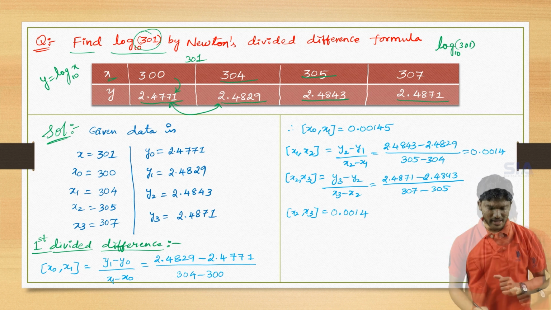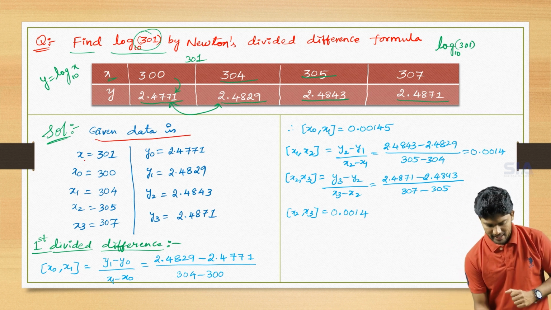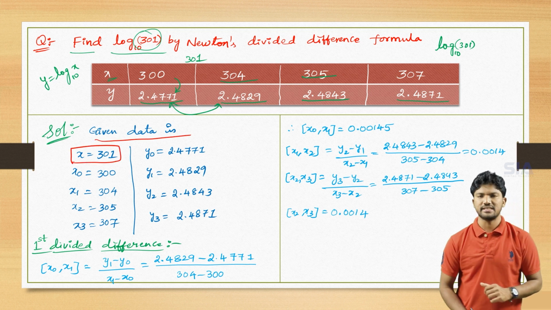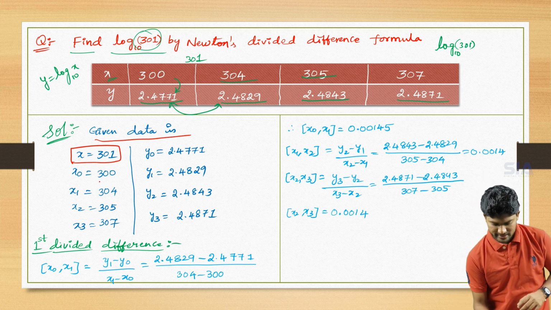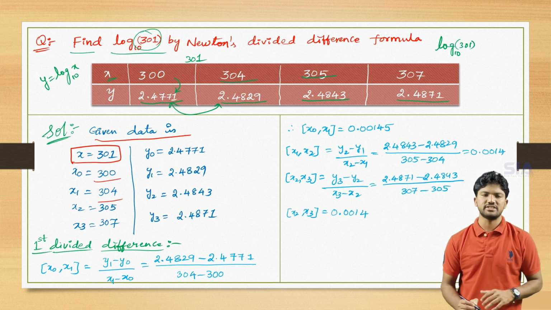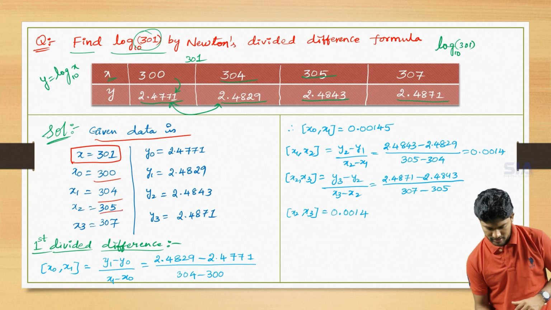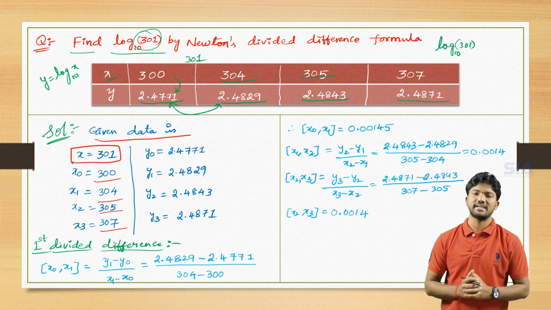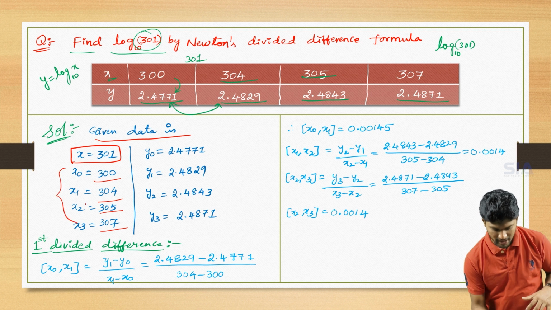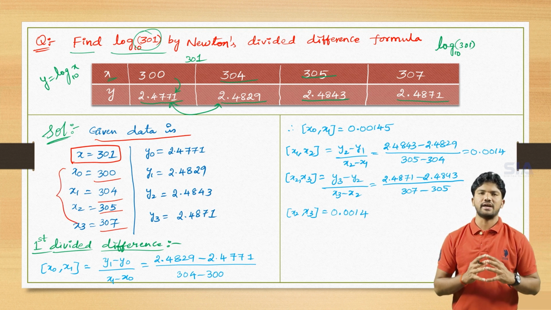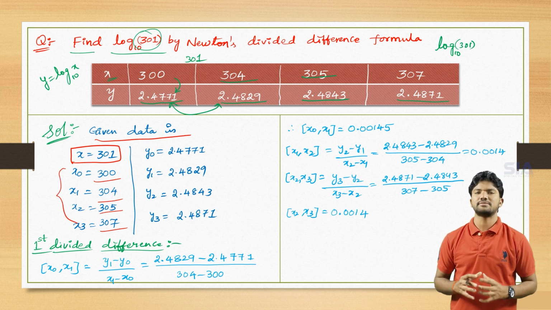Given data: clearly we know that small x is equal to 301. Also x0 is 300, x1 is equal to 304, x2 is equal to 305 and x3 is equal to 307. If you observe carefully, all these abscissa of x values are unequally spaced values.